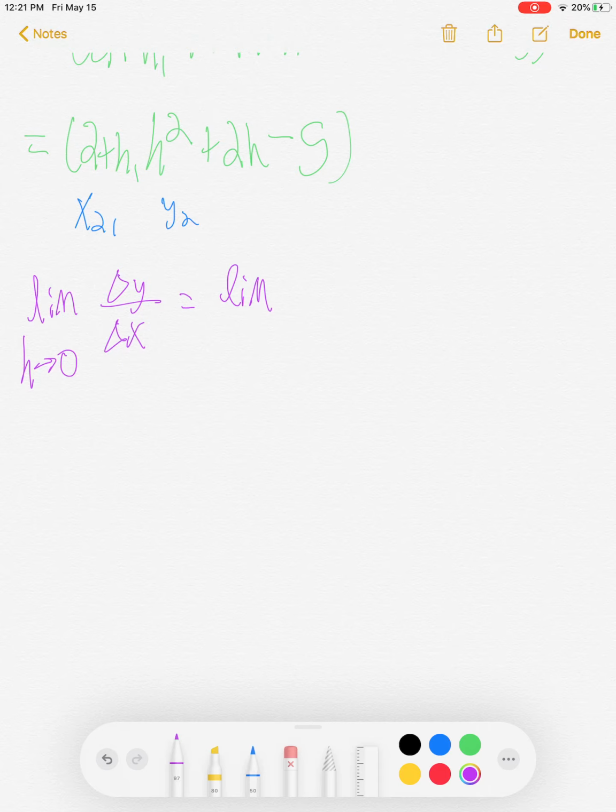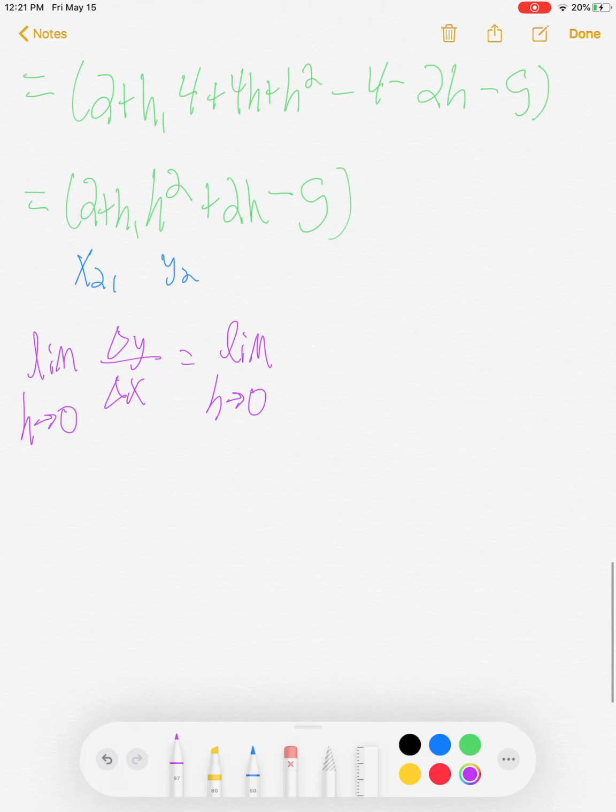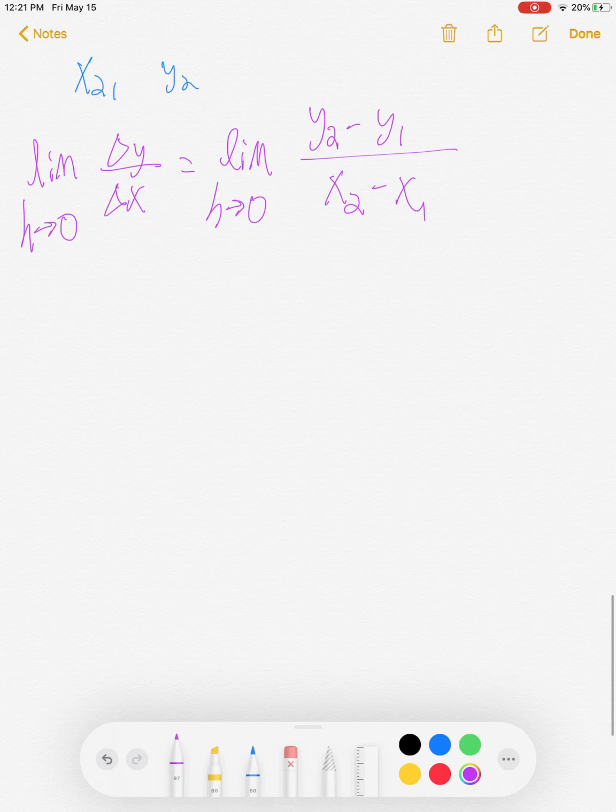So the change in y is going to be y2 minus y1 over x2 minus x1. This step is completely unnecessary, but it might be helpful for you to understand what's going on here.